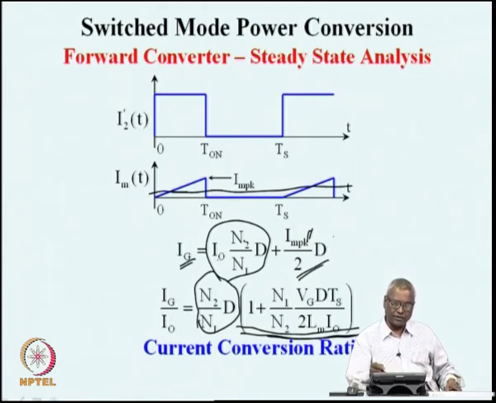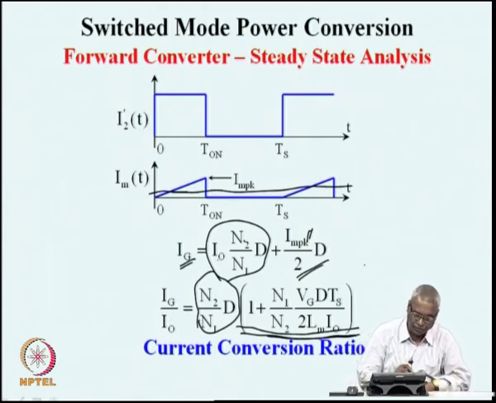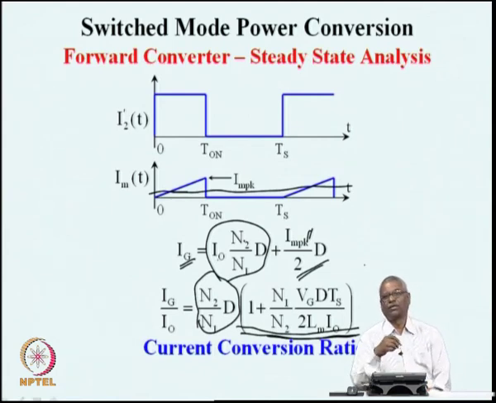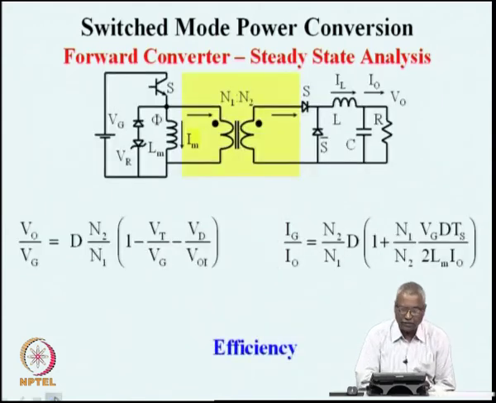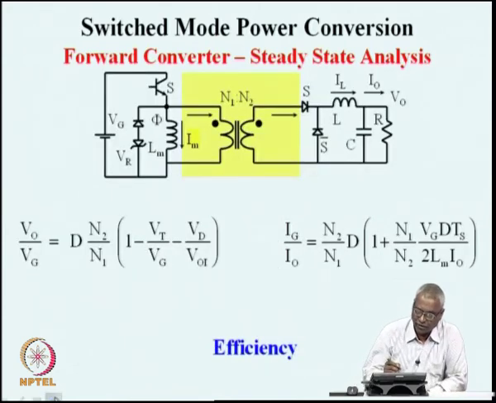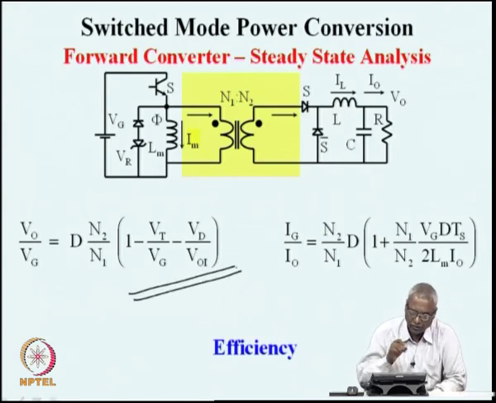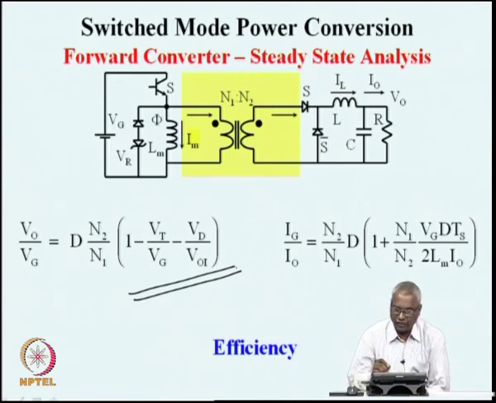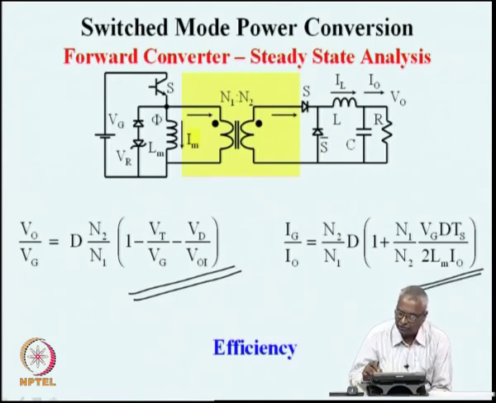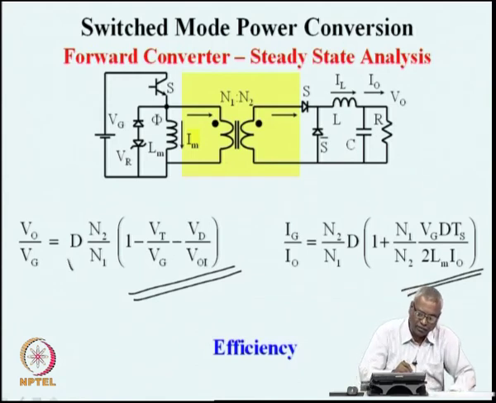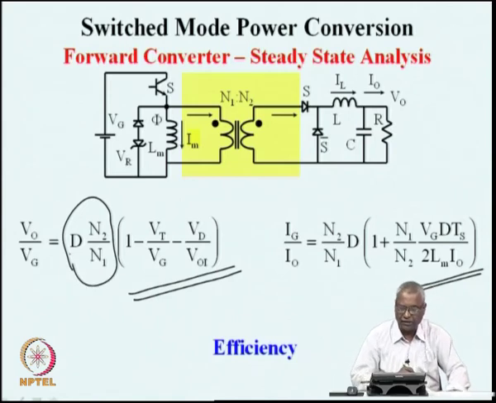So, this relationship is the current conversion ratio, and because the converter has non-idealities both in the shunt sense and in the series sense, you see that there are now 2 correction factors. The shunt non-ideality has a correction factor because of this magnetizing current. The switch non-ideality has a correction factor as shown here. The ideal part remains the same.